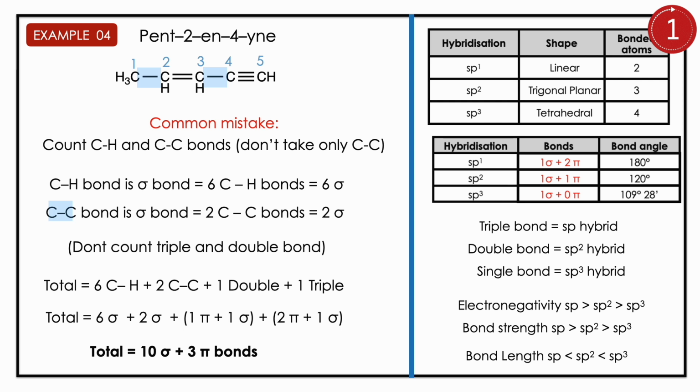So totally you have 6 carbon hydrogen bonds, 2 carbon carbon bonds, 1 double bond, 1 triple bond. So the total will be 10 sigma and 3 pi bonds. The concept you have to learn here is a triple bond is practically 2 pi bonds.